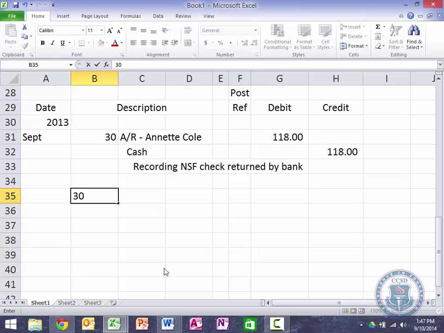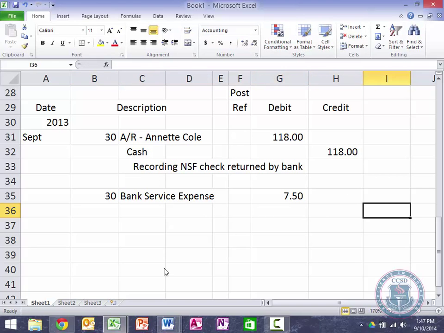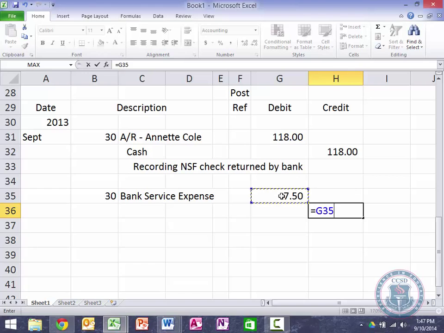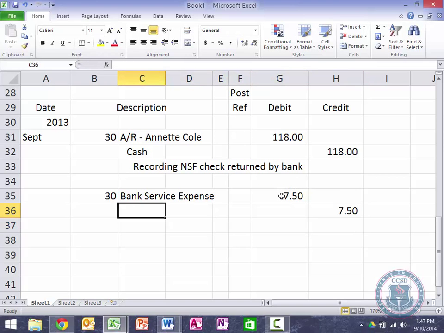So we would put on the 30th, now an expense is always a debit, bank service charge expense, $7.50. Equals here. What account does that come out of?